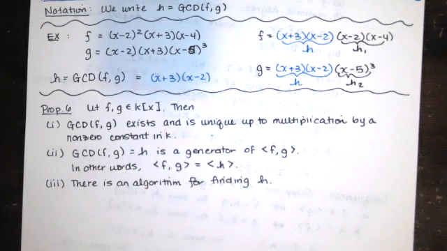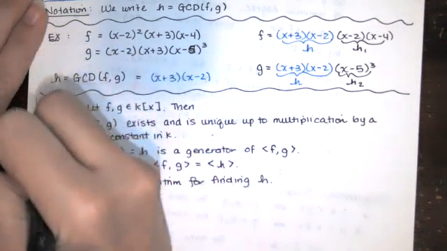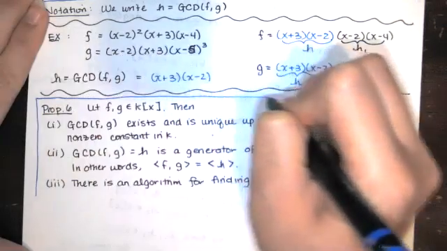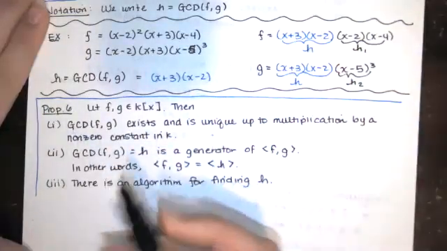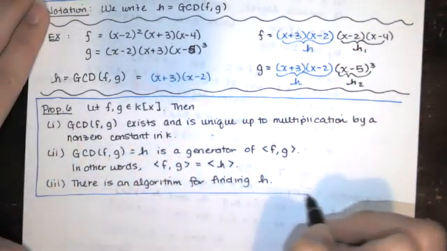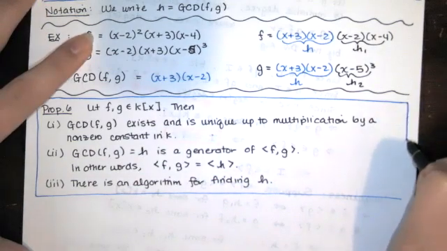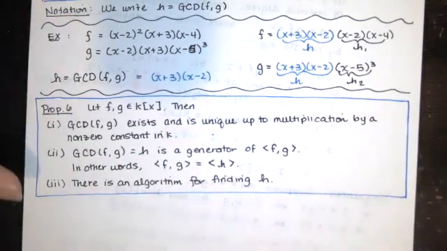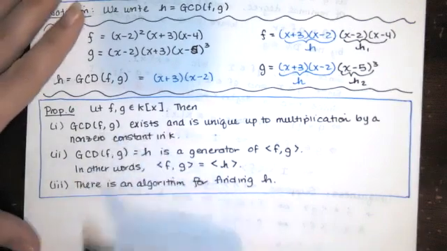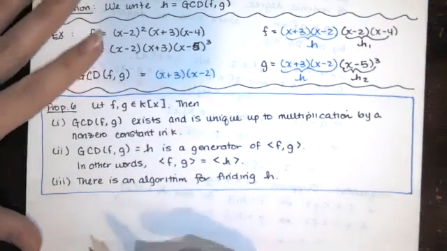But before we go, let's look at proposition 6, and let's prove that the first two pieces are true. First, we just want to show that the GCD exists.